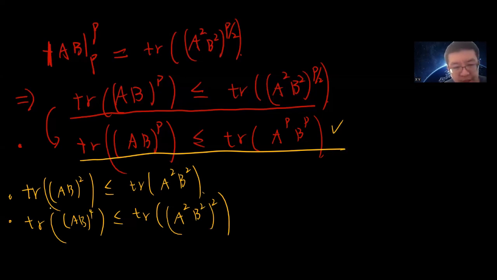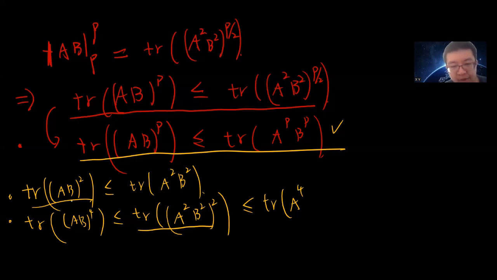But then I can replace A with A squared and B with B squared, and I get the trace of A to the fourth, B to the fourth.